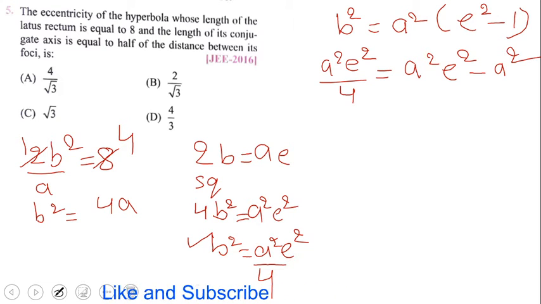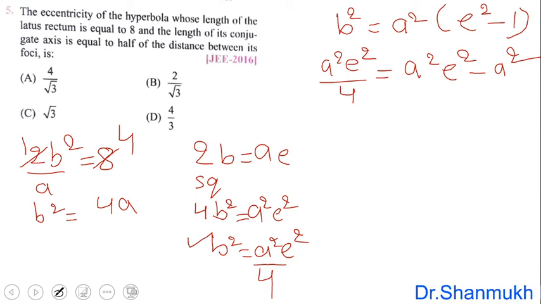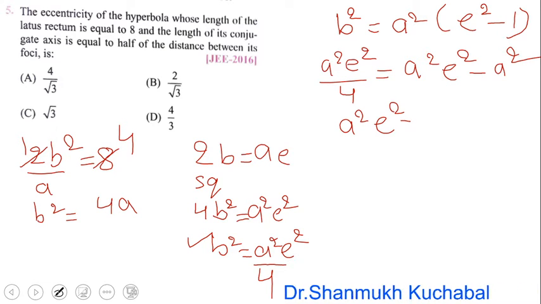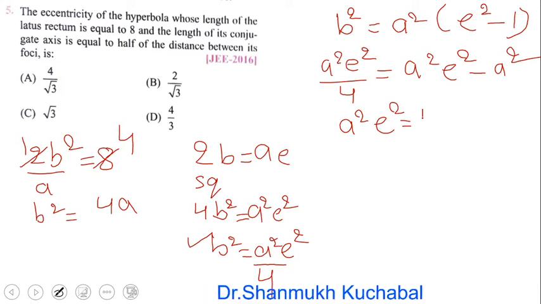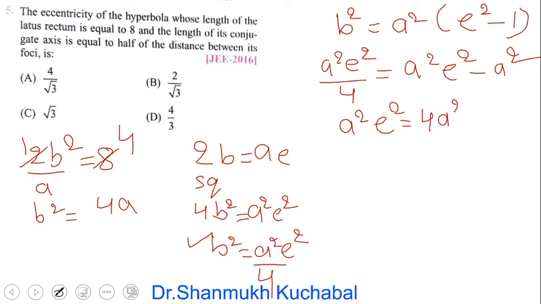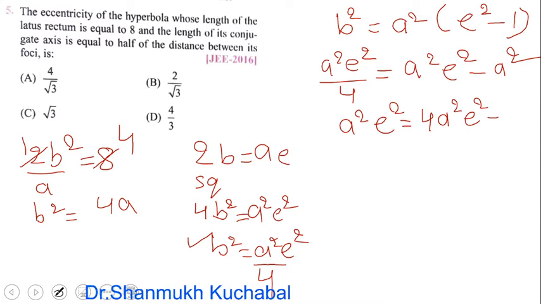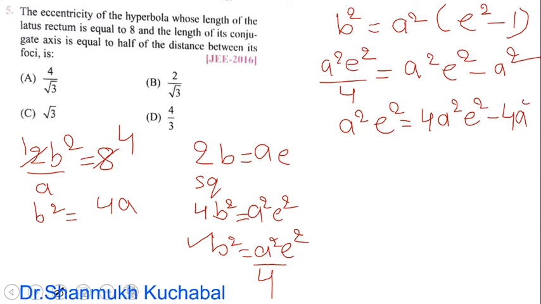Now a square e square divided by 4, which is on the LHS, we transpose it to the RHS. Then we will simplify it. First we will take the LCM. So we get a square e square equal to 4 times a square e square minus 4a square, as we have multiplied 4 on the RHS.